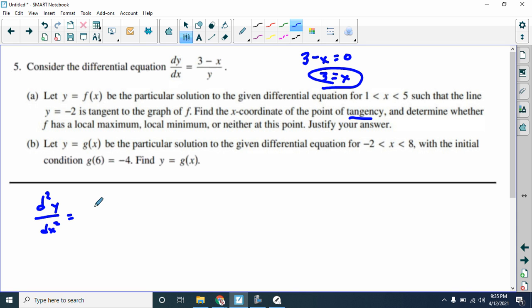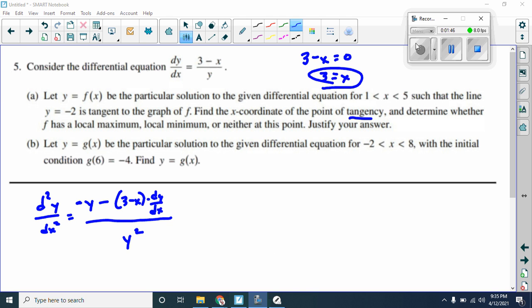Bottom times the derivative of the top, y times -1, minus the top times the derivative of the bottom, over the bottom squared. We know the y value is -2, so we can plug that in for our y's.